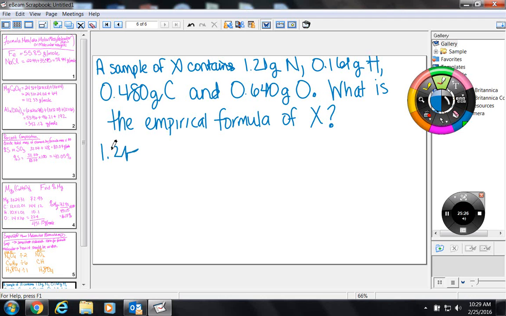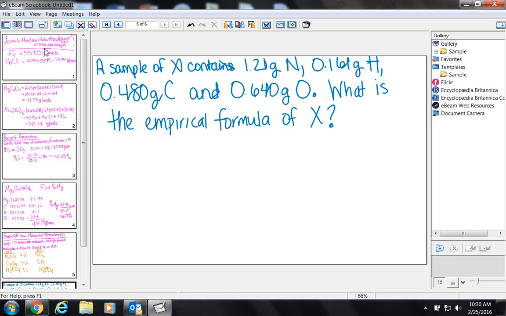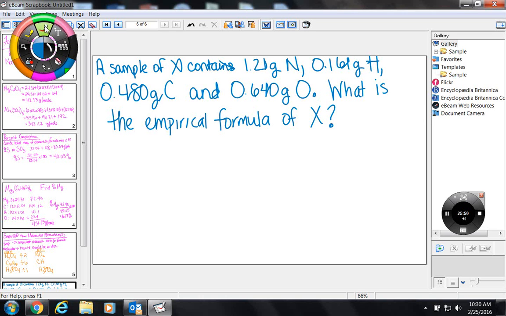So 1.21 plus 0.161 plus 0.480 plus 0.640. When you add all that, you're adding all the elements.